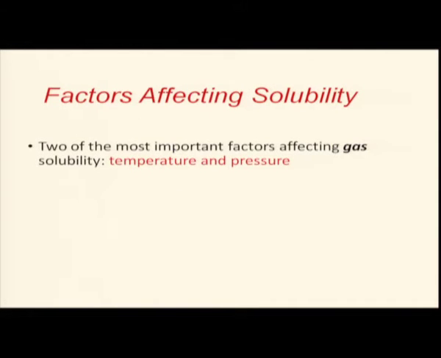So, what are the factors affecting solubility? With respect to gases, two factors affect solubility. One is the temperature and the other is pressure. As I told you in the carbon dioxide example, under high pressure and cold temperature, carbon dioxide in water becomes a supersaturated solution.